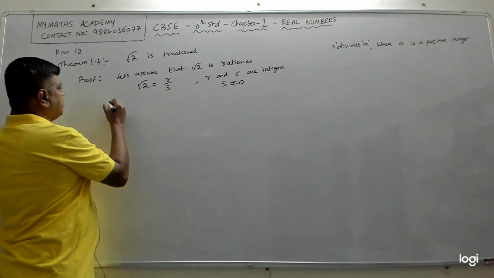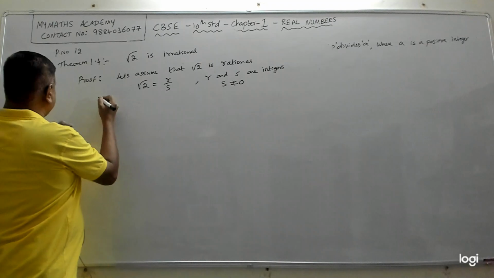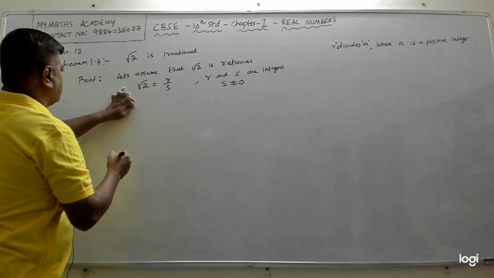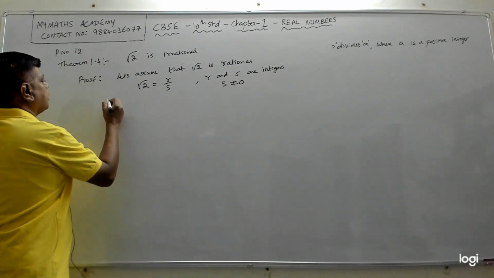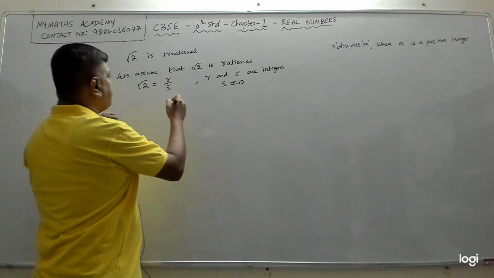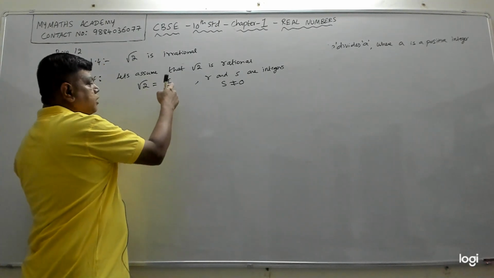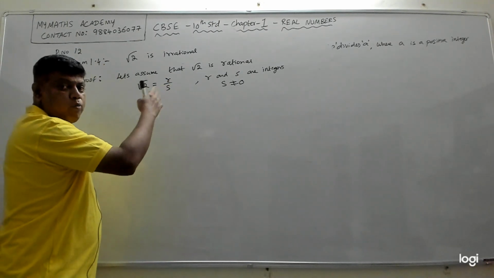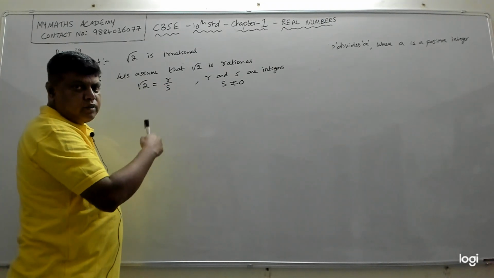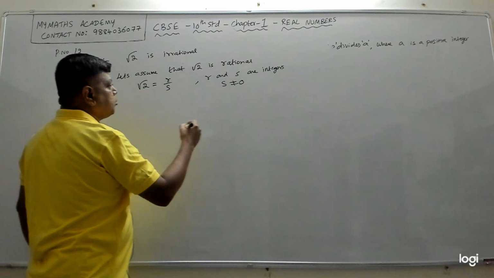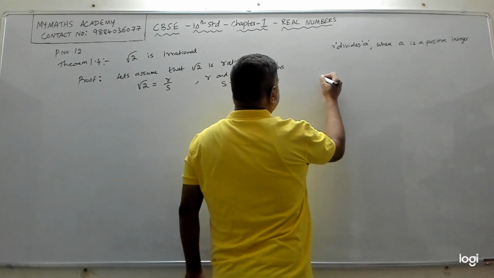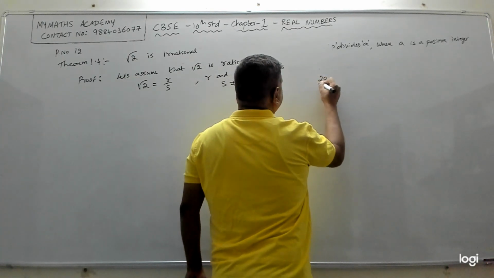Now we can say that, cancelling. See, whenever we write any number in terms of a fraction, we can always simplify the fraction. Suppose we have something like 20 by 24.